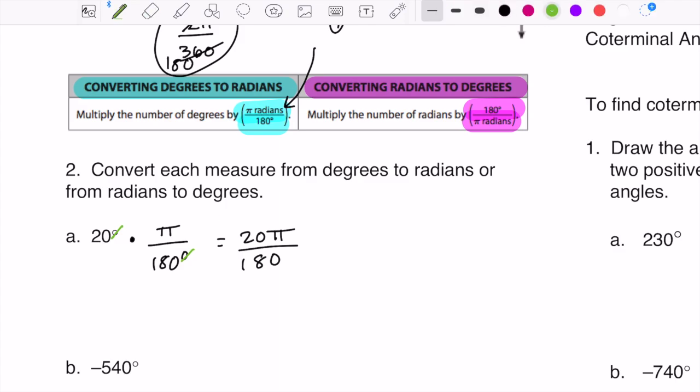So what I'm going to do is 20 goes into 20 once, and 20 goes into 180 9 times. So this ends up equaling 1 times pi is pi, and then over 9. So 20 degrees in radians is pi over 9.